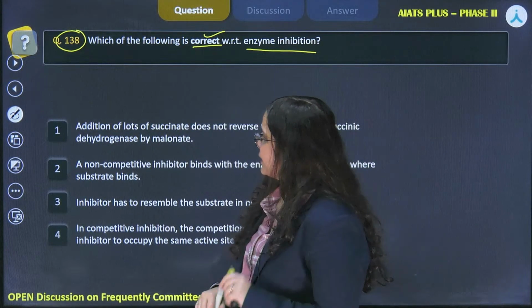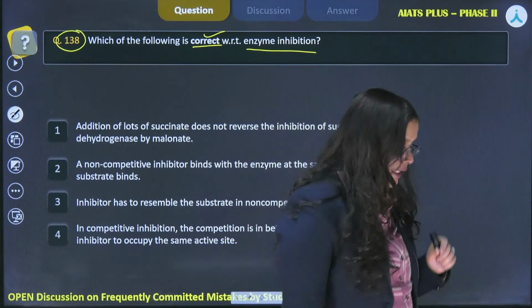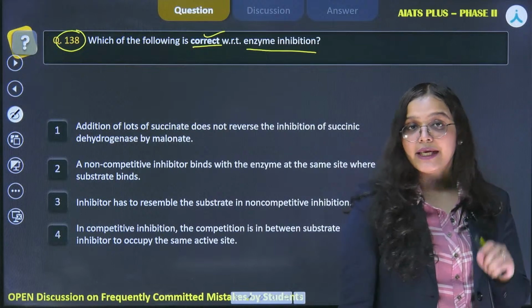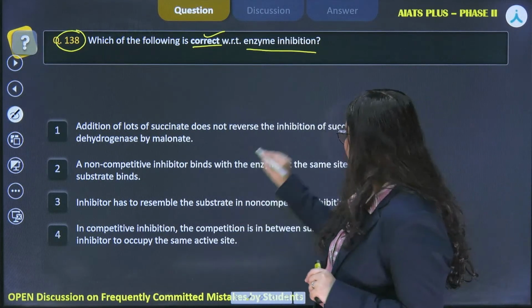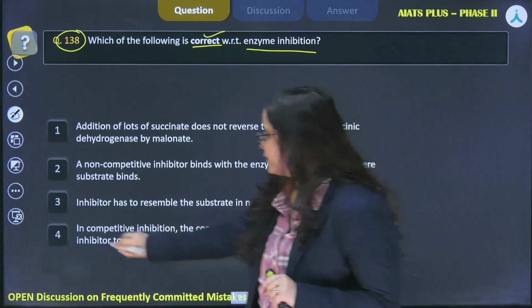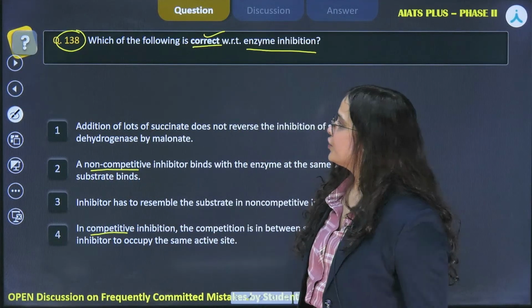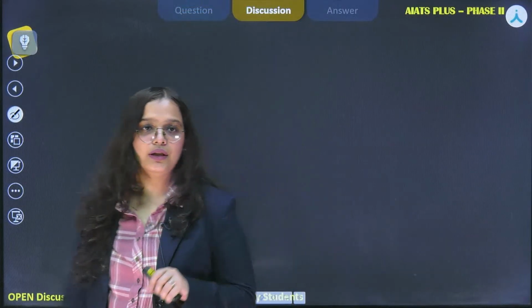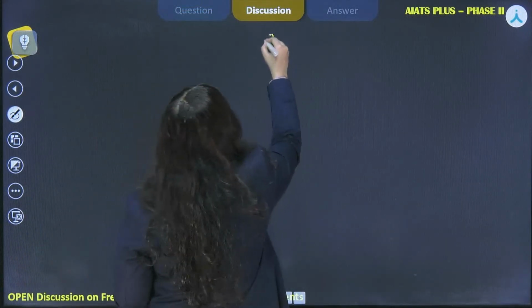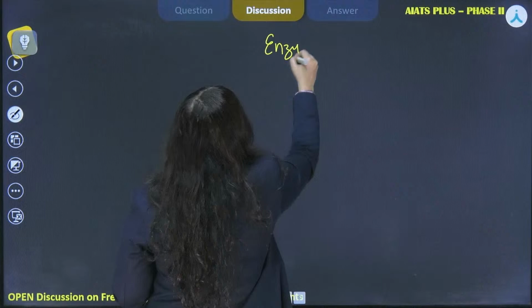We can see that in the question they are talking about the different types of inhibition. As I can see the words competitive and non-competitive. So let us quickly recall the concept which is related to the enzyme and enzyme action.